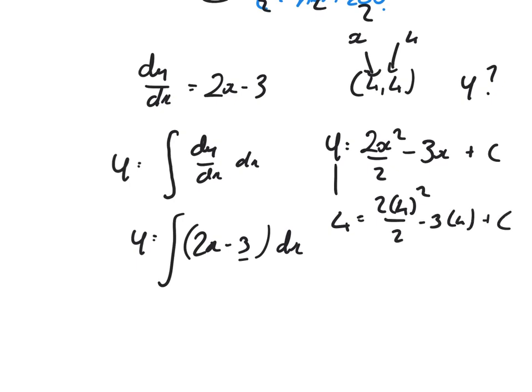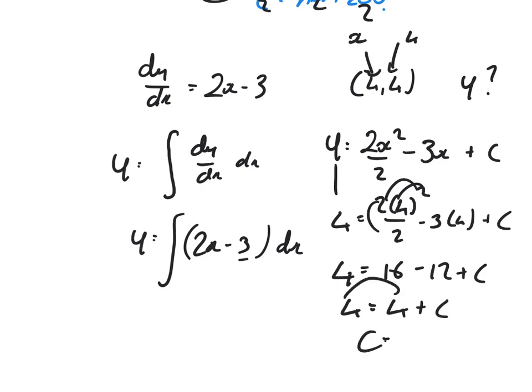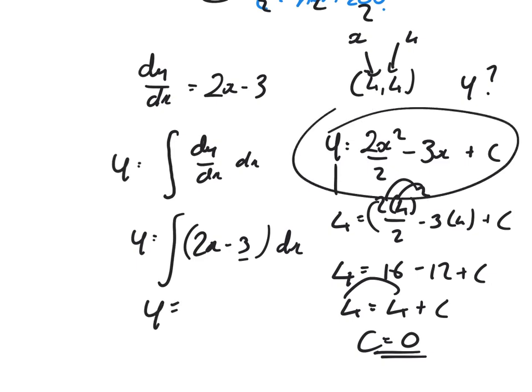Okay, so that will give me 4 equals 2 lots of 4 squared over 2 minus 3 lots of 4 plus c. 4 equals, 4 squared is 16, times that by 2 is 32, 32 divided by 2 is 16, minus 12 plus c. 4 equals 4 plus c, so c is equal to 4 minus 4, and c is equal to 0. Therefore, the function can now be written out as x squared minus 3x. Final answer. Okay, let's try another.